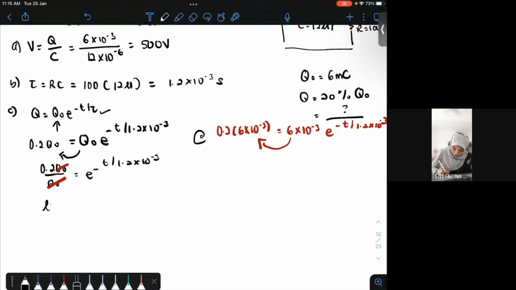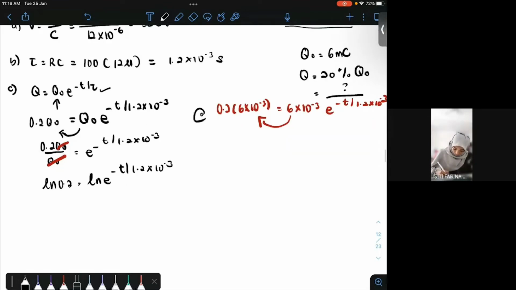So ln 0.2 equals ln exponent negative t over 1.2 times 10 to the negative 3. Why do we take ln? Because we want to remove this exponent. ln 0.2 will give you negative 1.609. And this becomes negative t over 1.2 times 10 to the power negative 3.